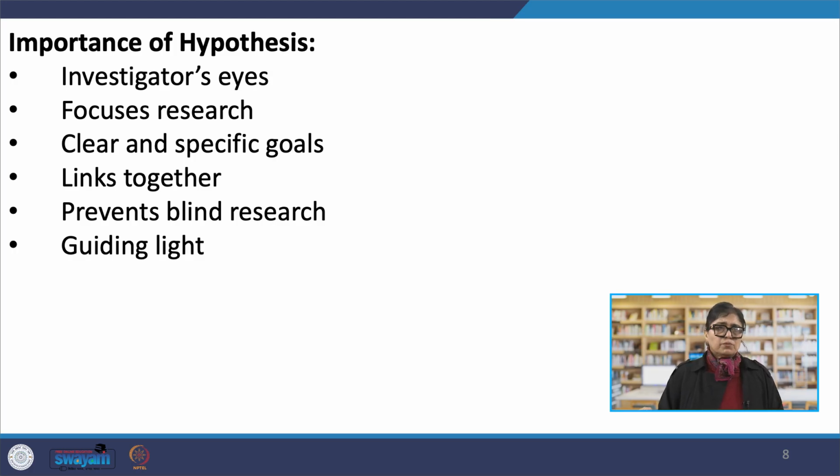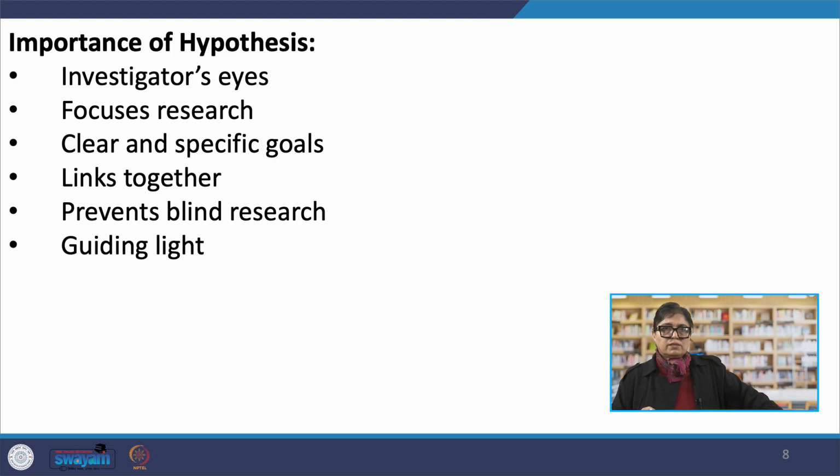Third, clear and specific goals needed. A well thought out set of hypotheses places clear and specific goals before the research worker and provides him with a basis for selecting sample and research procedure to meet these goals. Fourth, linked together.